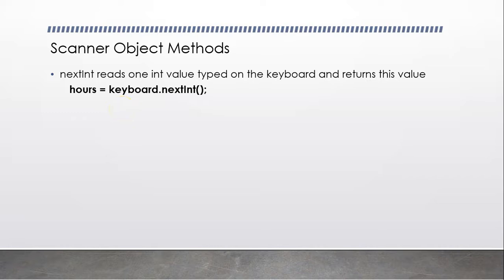What this is going to do is read from the stream of characters that the user has typed in through the keyboard, and it's going to read an integer and assign it to a variable called hours, which must be declared as int. We'll walk through some actual code from a program. That's where I got this assignment statement.